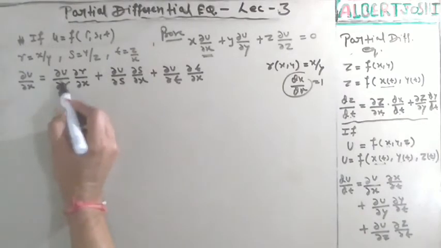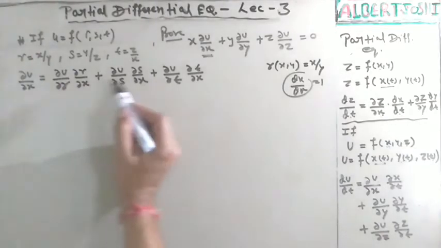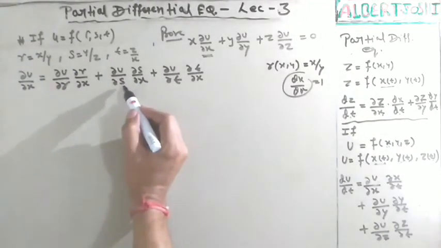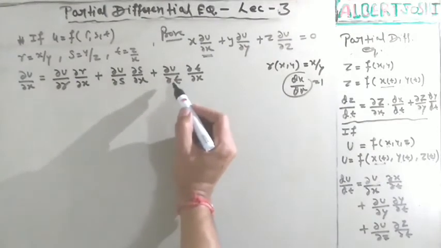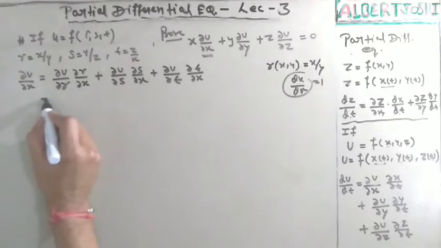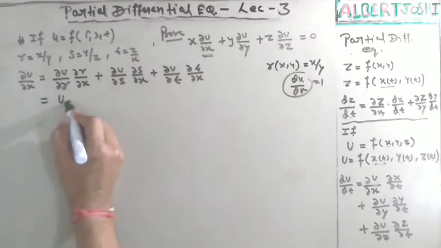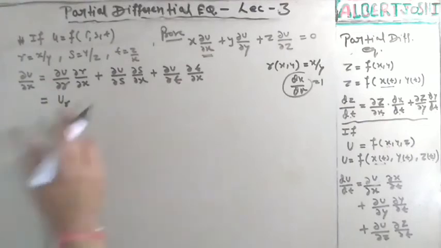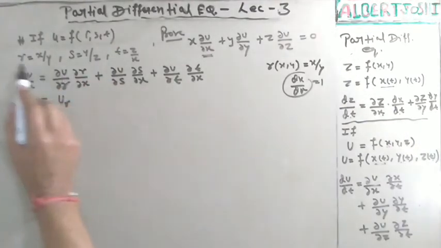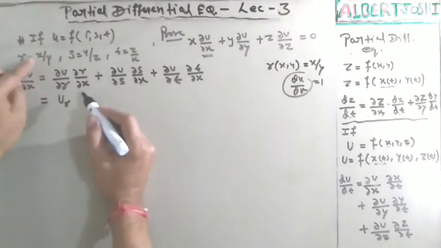Del u upon del x is equal to, you differentiate u with respect to r, then with respect to s, then with respect to t. I am writing the short form of this function. u r means del u upon del r. Now del r upon del x means you have to differentiate this r with respect to x.